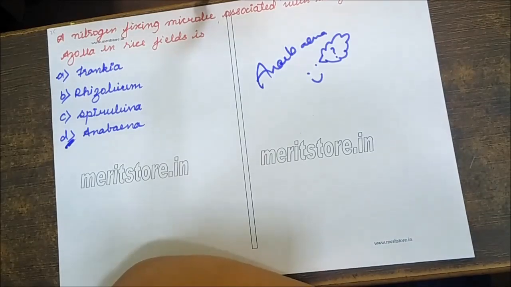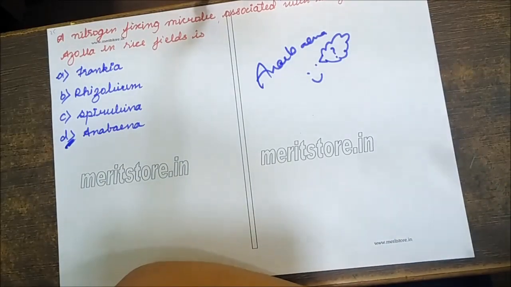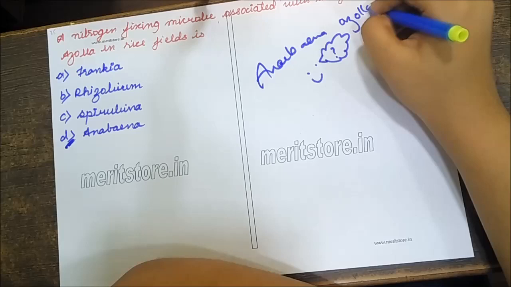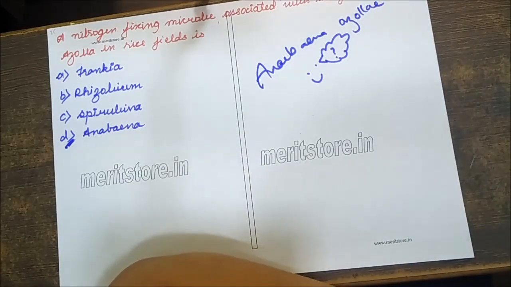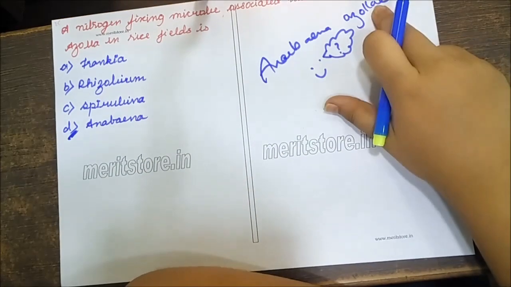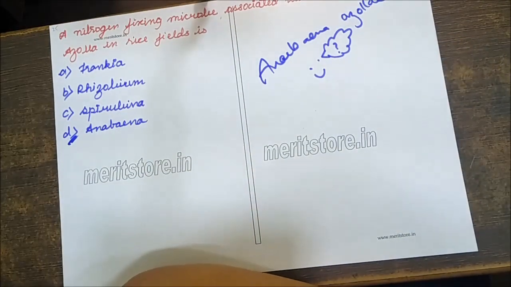Okay, let's come back to the answer. Anabaena azollae is a cyanobacterium that lives in symbiotic association with the free floating water fern, which is Azolla. Anabaena azollae can grow photoautotrophically and fixes atmospheric nitrogen.